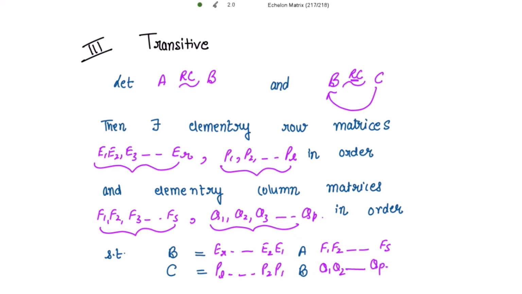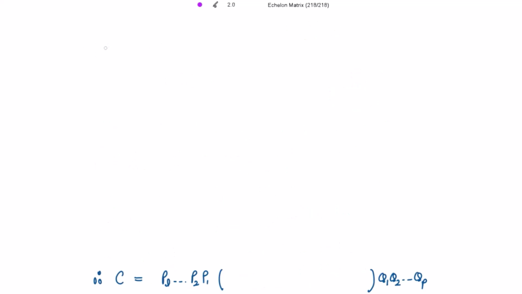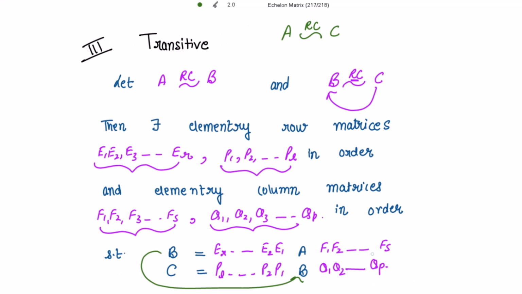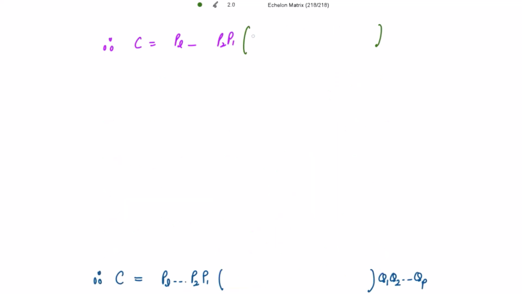Now we need to get that A is row column equivalent to C, right? So we need to eliminate this B. For that, just put the value of B over here. So therefore, C is equal to, this is the product Pl up to P2, P1. And now here, instead of B, I'm writing the value of B as this. So this is Er up to E2, E1, and this is A, and then this is F1, F2 up to Fs.